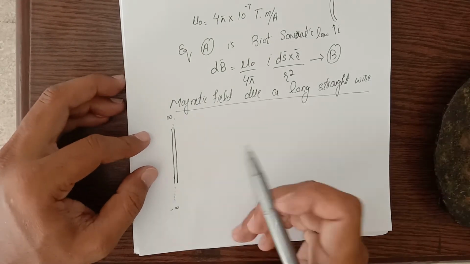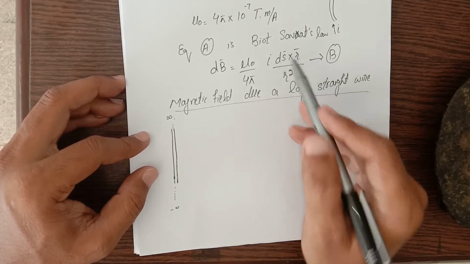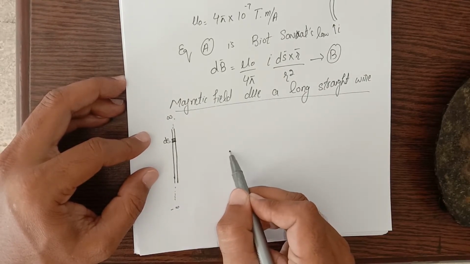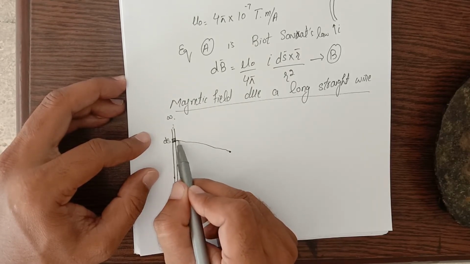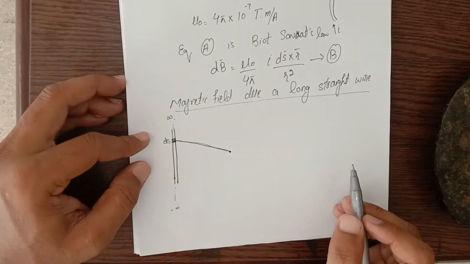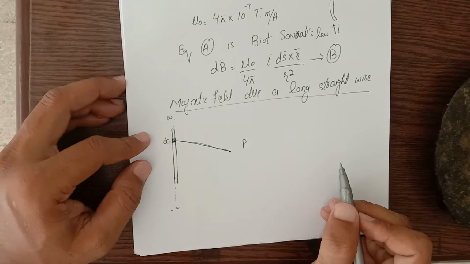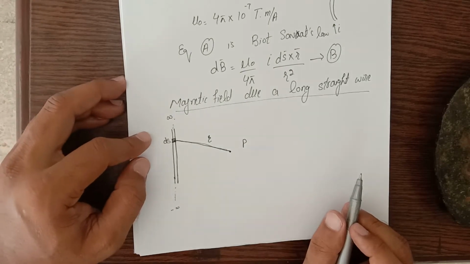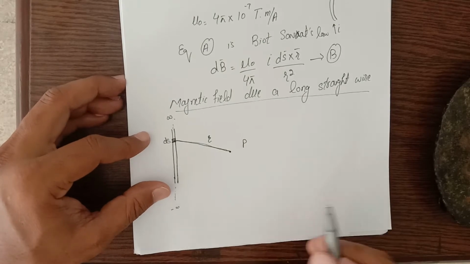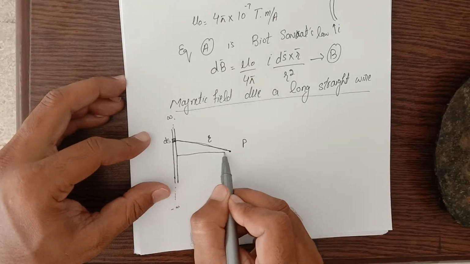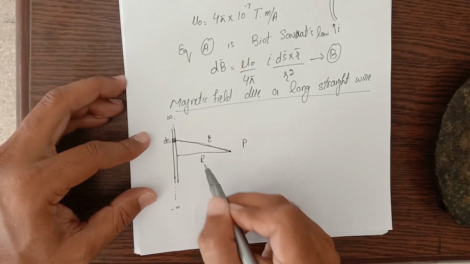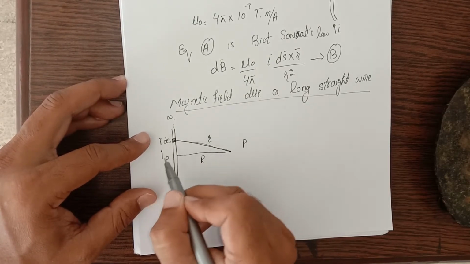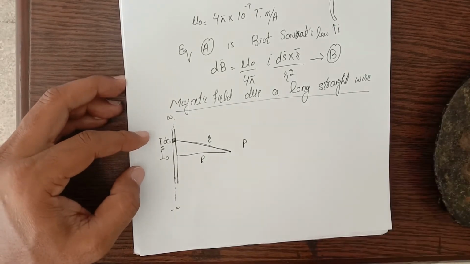And just like considering the Biot-Savart law, I am taking a small element ds and I want to find out the magnetic field due to this current element at point P. Now the distance of this differential element from this point is r, and let's say the perpendicular distance from the center of this wire to point P is represented by capital R, and the distance between this 0 axis and this differential length is given by S, right?